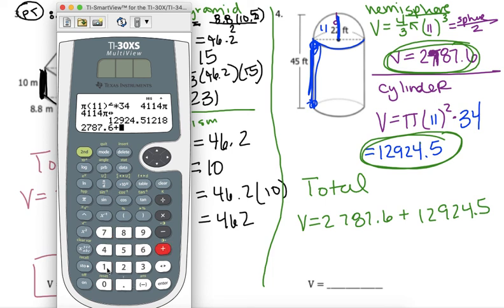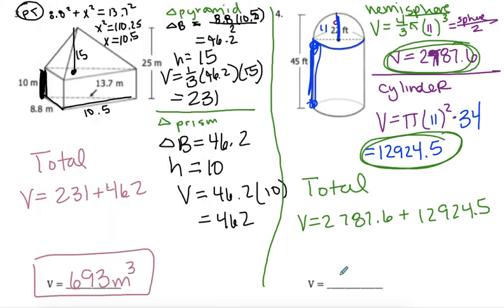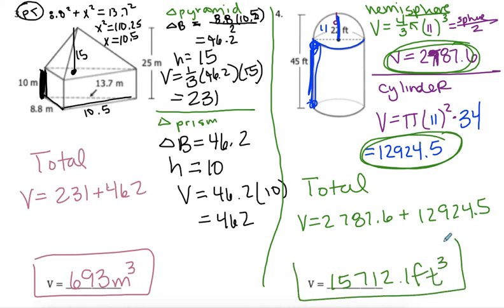Add those together, we get 15,712.1, and we are in feet cubed.